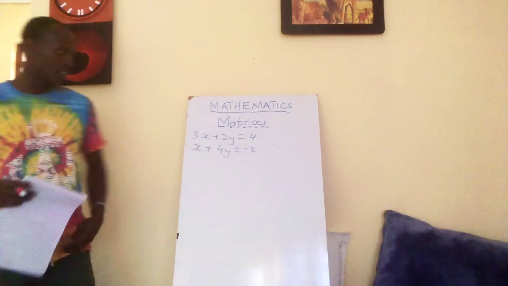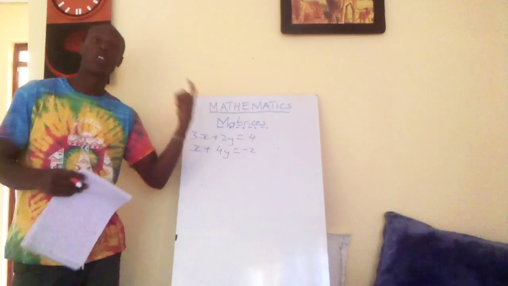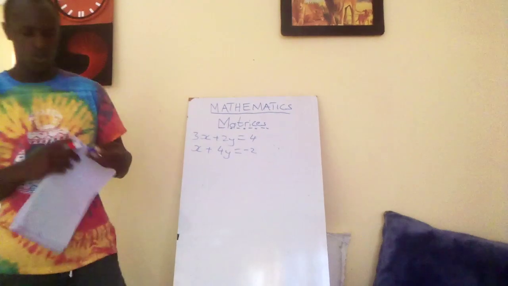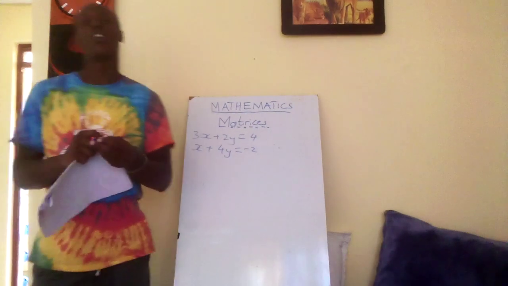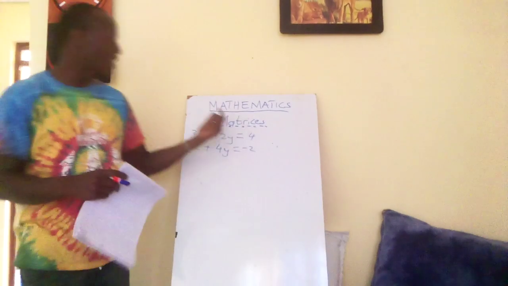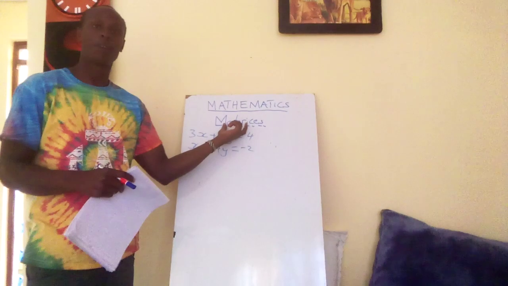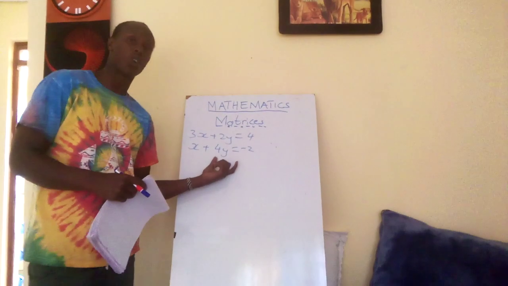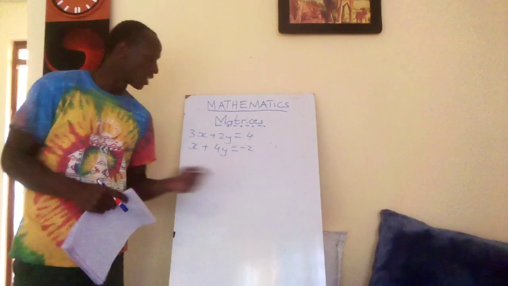These are simultaneous equations, and they can be solved using the elimination method, which is taught in Form 1, or the substitution method, also taught in Form 1. But another topic, in Form 3, is matrices, which can also be used to solve simultaneous equations.